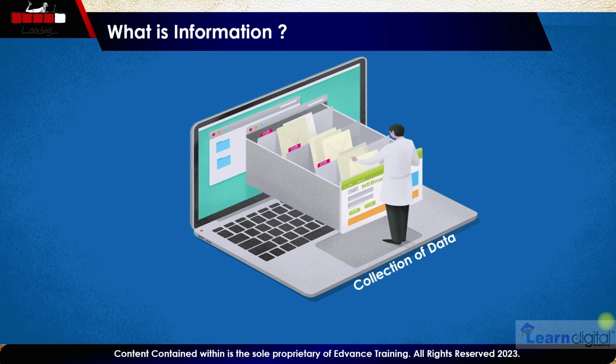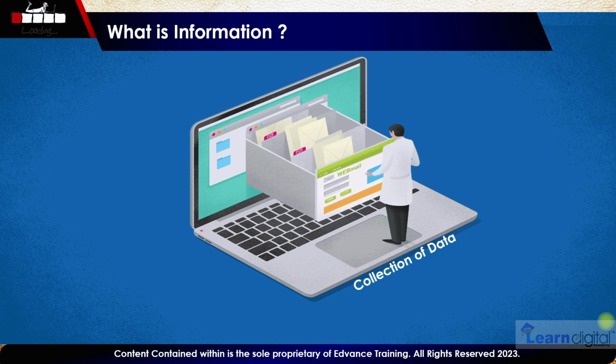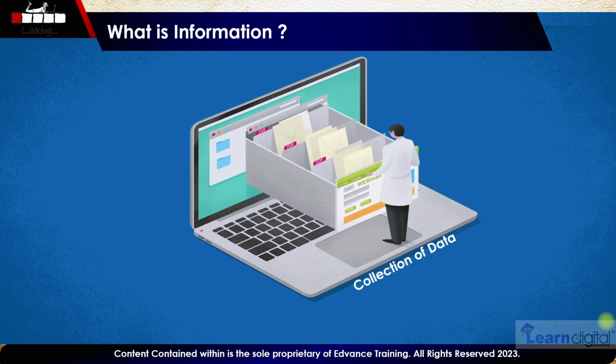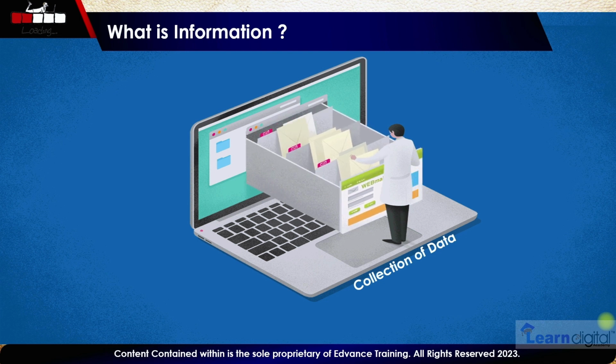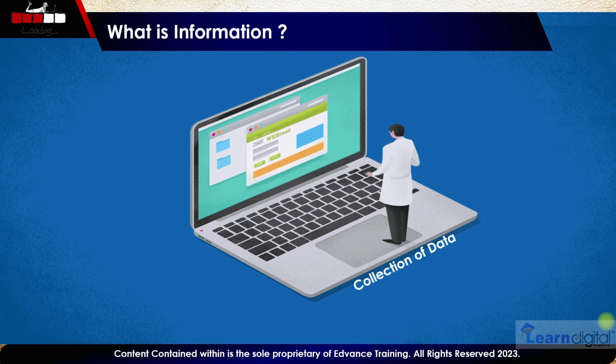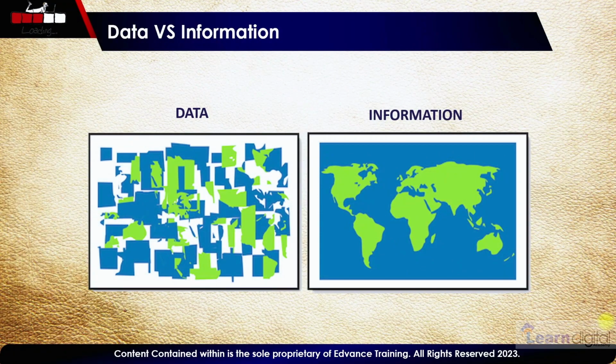Basically, these are facts and figures. When you collect those facts and figures, that is known as data. And when you collect multiple data, that is known as information. To understand properly, you can have a look at data and information. This is a best example between data and information.